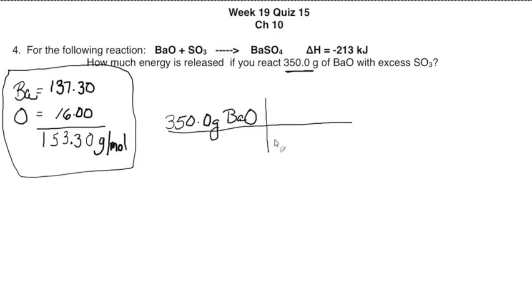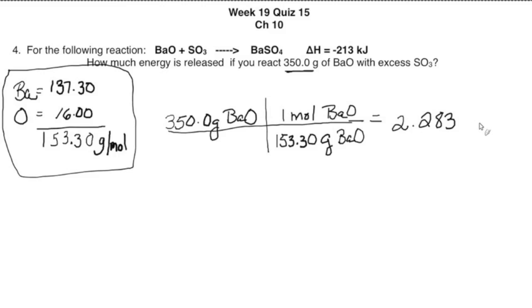So grams are on top here, grams have to be on the bottom here. 153 grams per 1 mole of barium oxide. Now you're going to punch that into your calculator. I'm going to have 4 significant figures, so 2.283. And that's moles of barium oxide.